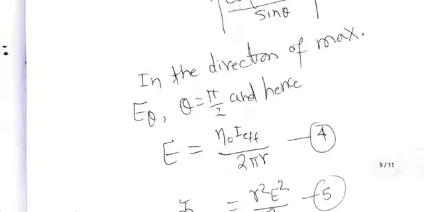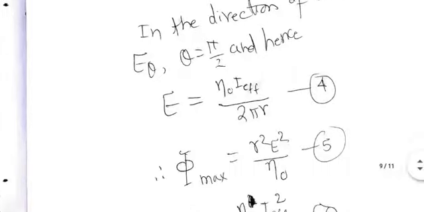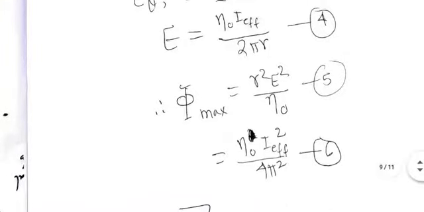So E in the maximum direction, in the direction of maximum radiation, is this much. So the radiation intensity is now derived using this formula by putting the E value calculated. I get radiation intensity in the direction of maximum radiation as this value, equation 6.